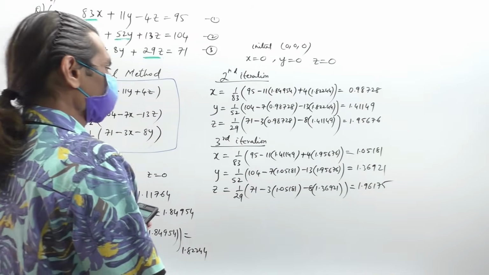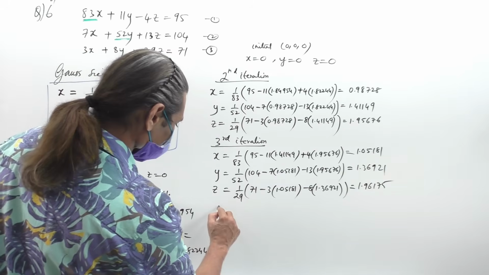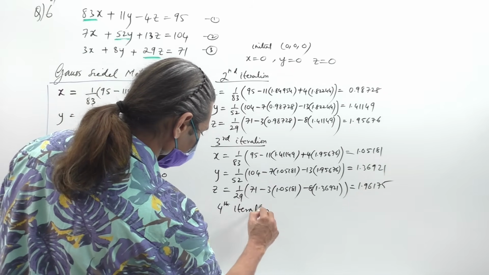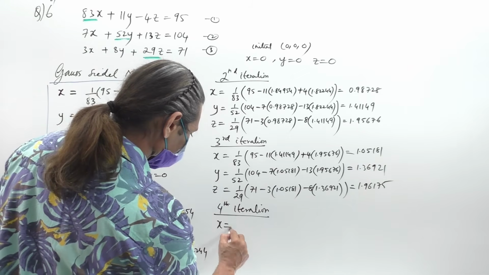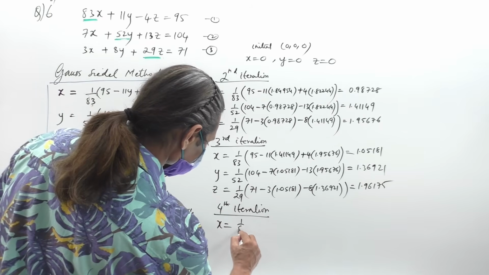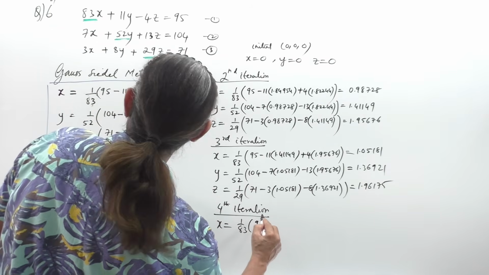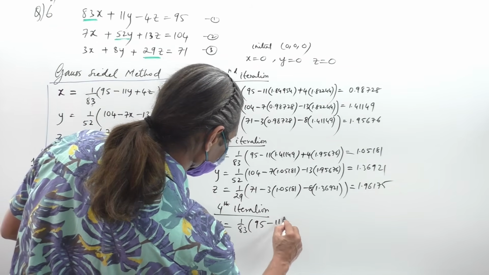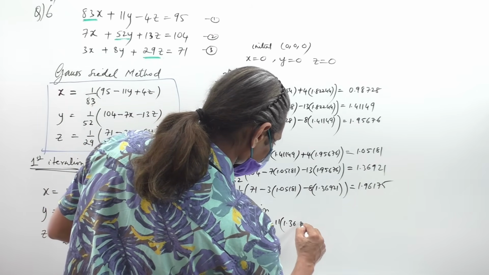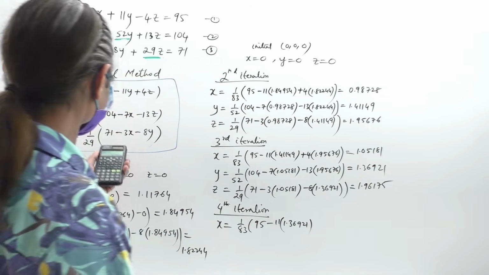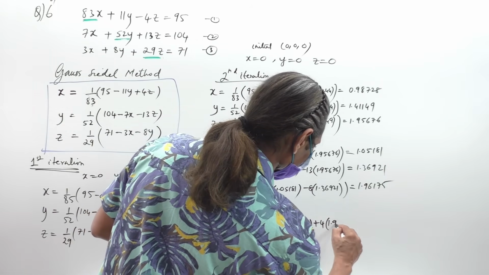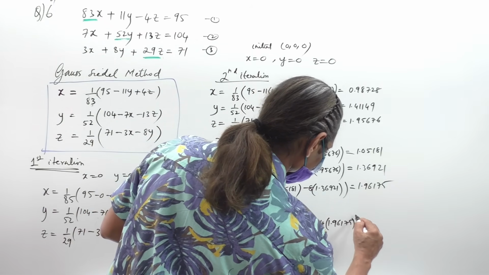Okay. Now we'll do the last iteration, that is the fourth iteration. Again x is equal to the same process. See, 1 by 83, 95 minus 11 into, what is new y? It's 1.36921 plus 4 into, what is new z? 1.96175.